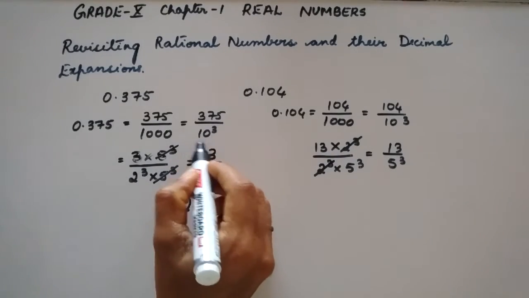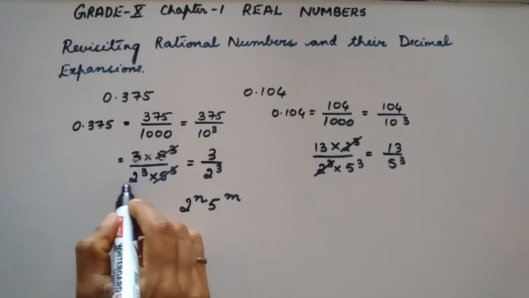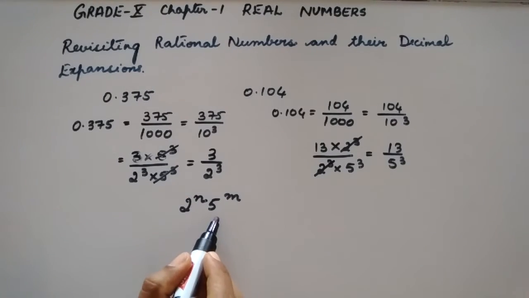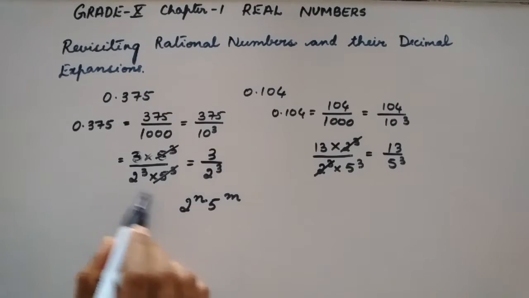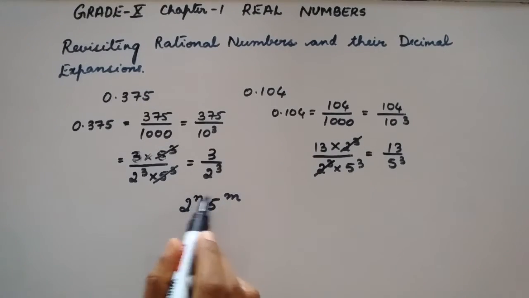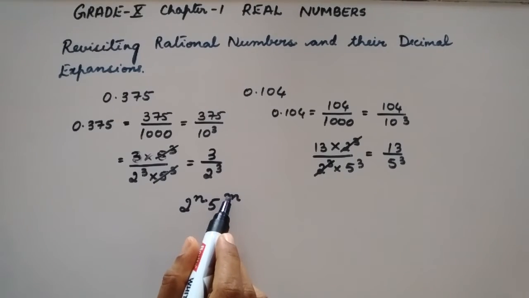So 10 to the power 3 can be written as 2 to the power 3 into 5 to the power 3. The same thing I have represented here, 2 to the power n and 5 to the power m, where n and m are positive integers.